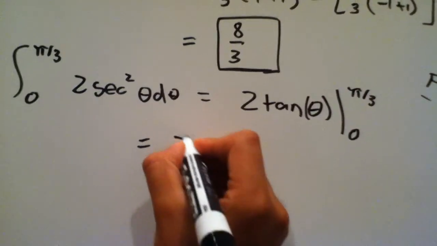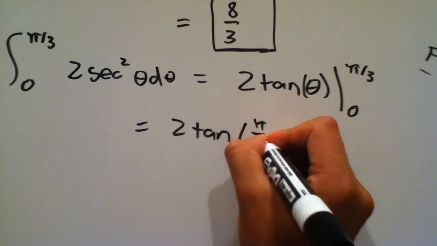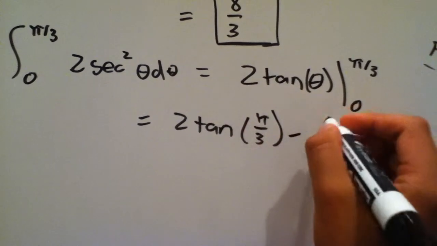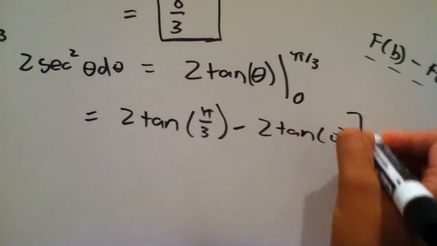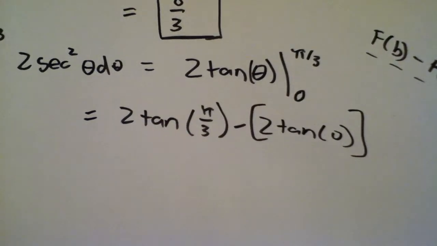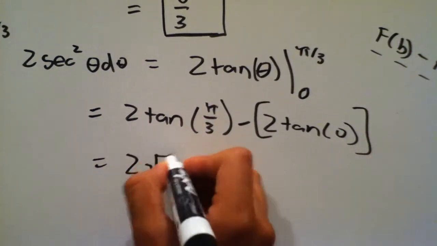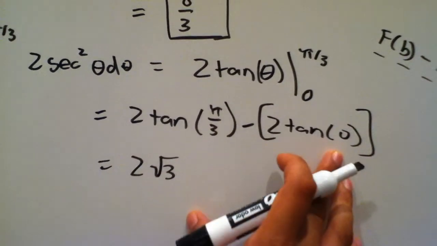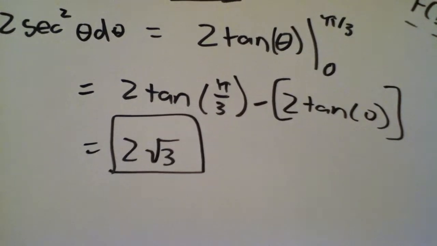And so 2 tangent pi over 3 minus 2 tangent of 0. And tangent of pi over 3 is square root of 3. So this is just 2 square root of 3. And that's, again, 0. So the answer here is 2 square root of 3.